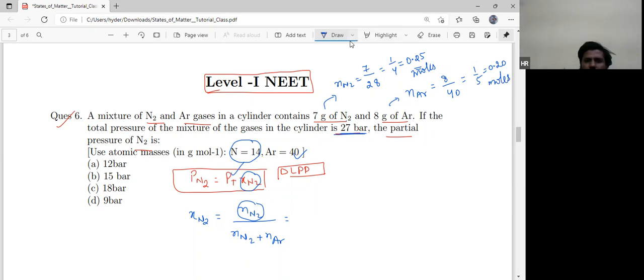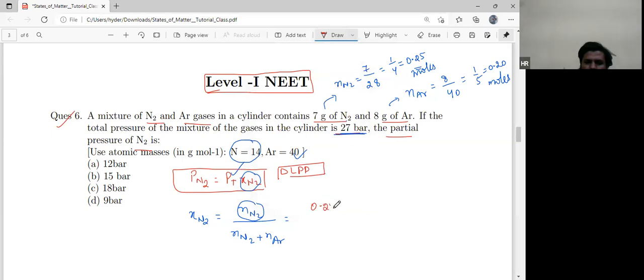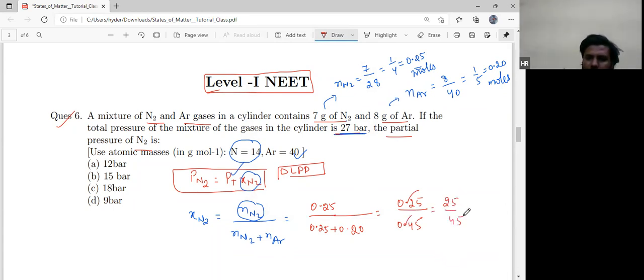Now, substituting the values here, 0.25 upon 0.25 plus 0.20, it will be equal to 0.25 divided by 0.45. After the decimal there are 2 digits in both numerator and denominator, so it will cancel and be equal to 25 by 45. That will be cancelled by 5. 5 nines are 45, 5 fives are 25. So the mole fraction will be 5 by 9.